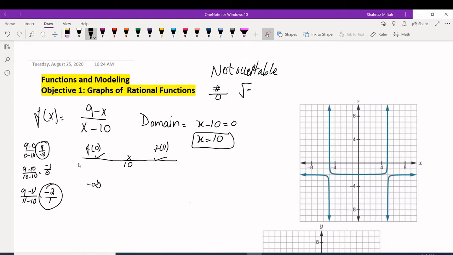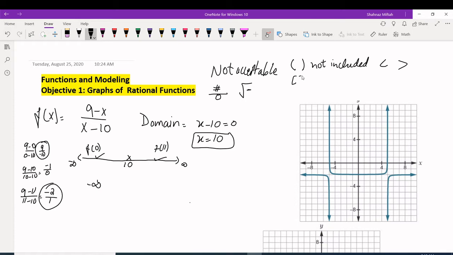Which means the domain is from negative infinity. You know that negative infinity goes to positive infinity on a number line. So from negative infinity, and make sure negative infinity is not a real number. And you probably already know, if we have parentheses, it means the number is not included, or I have these signs for inequalities.